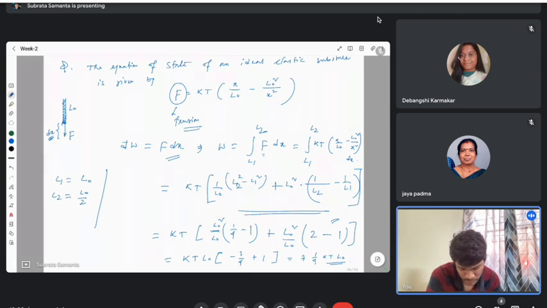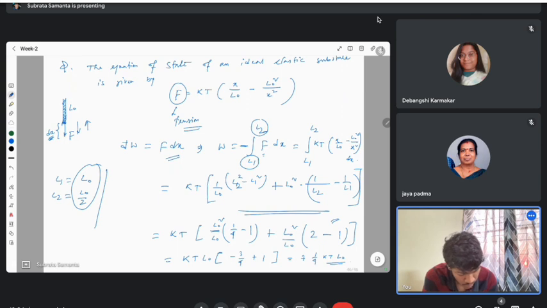So in this case, when we go from L0 to L0 by 2, your tension is always in this direction, and you are changing x in this direction. So that's why when we put the limit L1 to L2, we give a minus sign here.